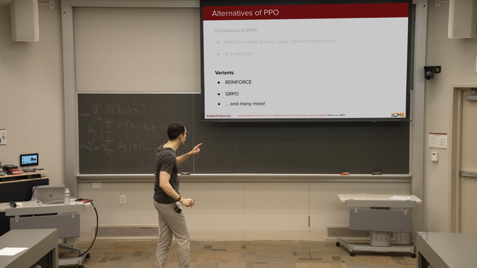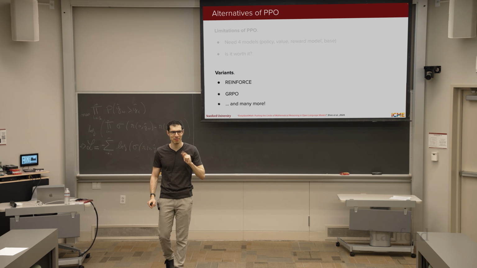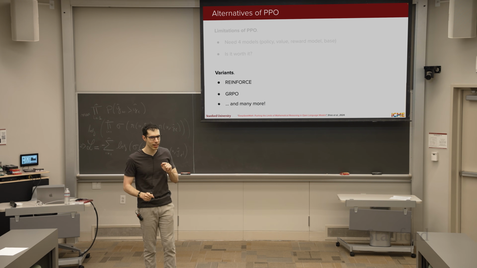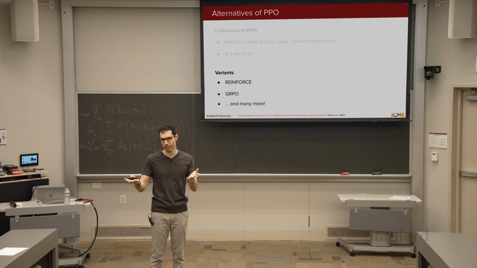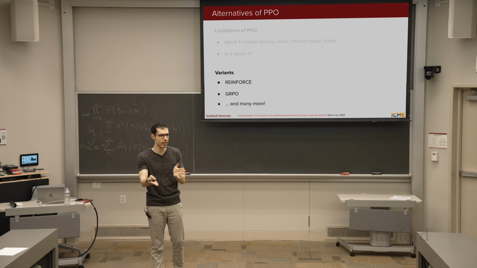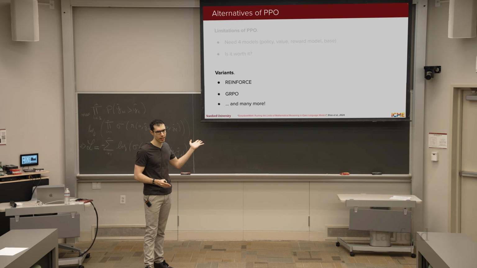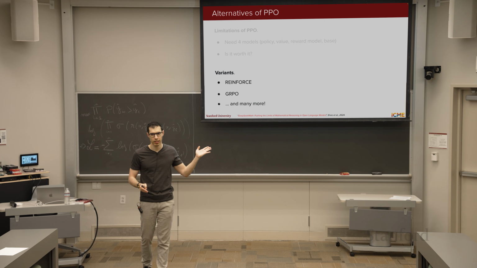So we will look at GRPO in more detail next week for lecture 6. But just know that there are many variants. So PPO is just one algorithm that has been very popular. And even within PPO, there have been many variants. And nowadays, there are many other RL algorithms that are being used.